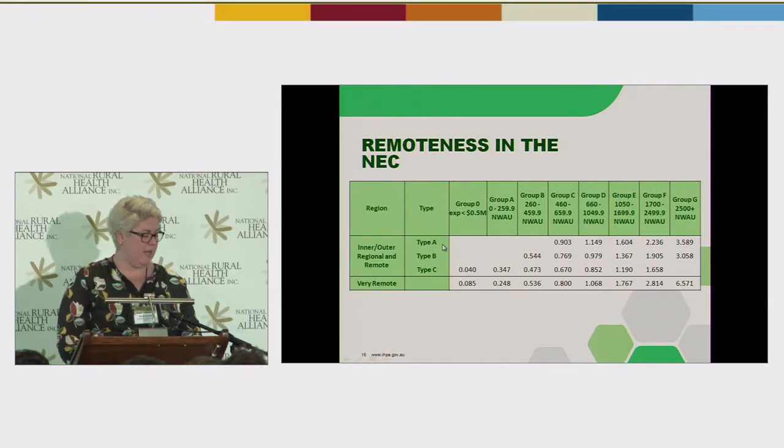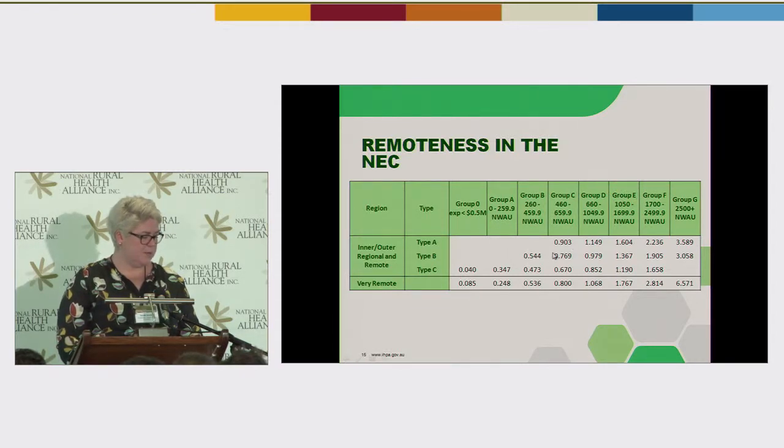Type A are hospitals that provide surgical services, type B, overnight care, and type C, day services. And then up the top, we've got the volume. I mentioned that the volume is measured in terms of the amount of patients treated, but also the complexity. And the way that IHPA measures that is using the National Weighted Activity Unit, or the NWAU.